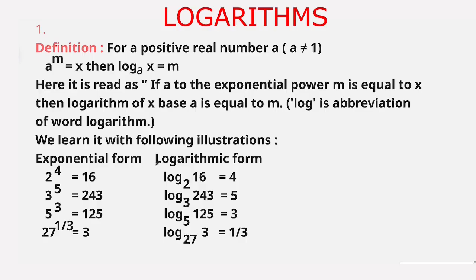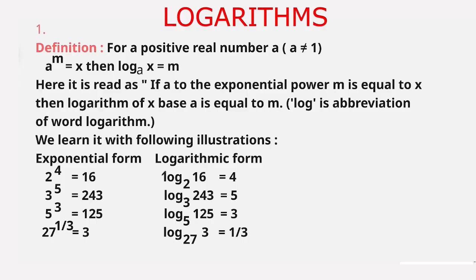Exponential form, logarithmic form. The exponential form is 2 to the power 4 equal to 16. Then its logarithmic form, log 16 base 2 equal to 4. The exponential form, 3 to the power 5 equal to 243.